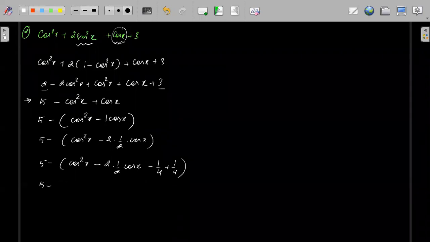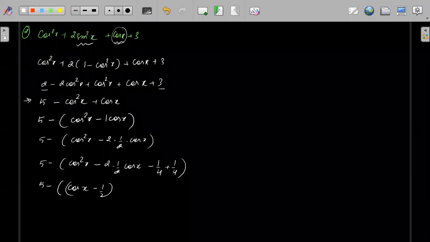So I will write 5 minus cos x minus 1 by 2 whole square, and minus 1 by 4 will be outside.